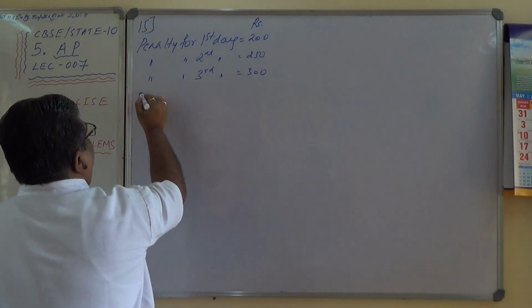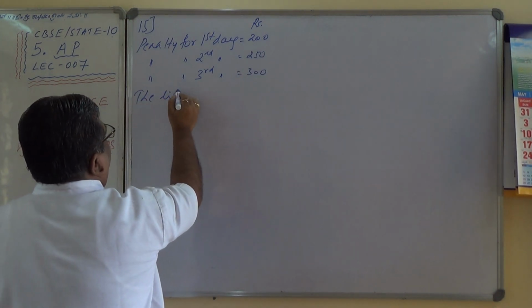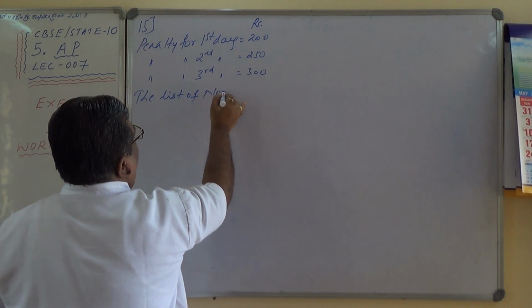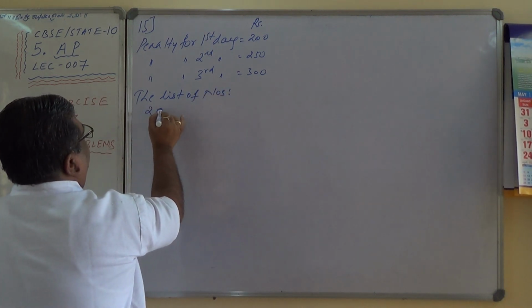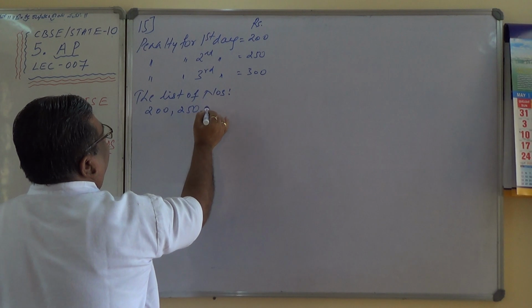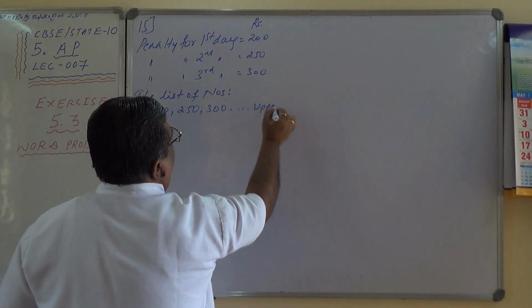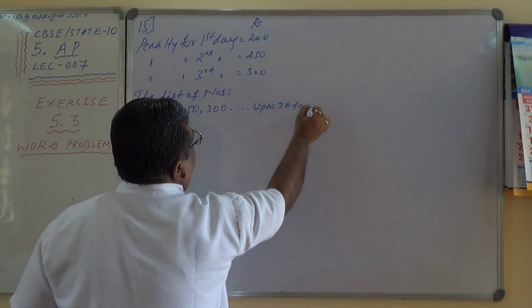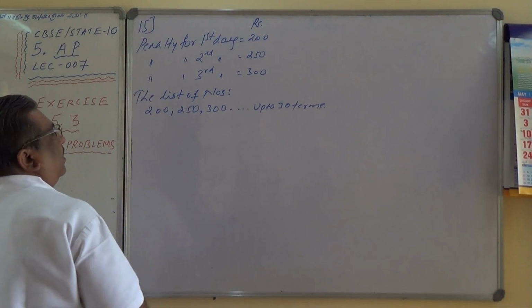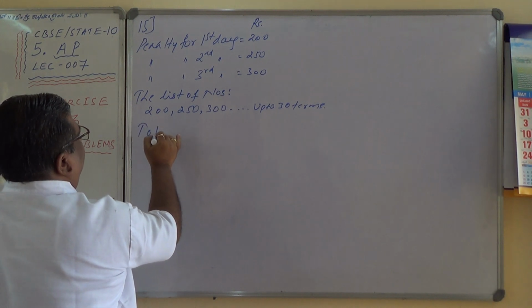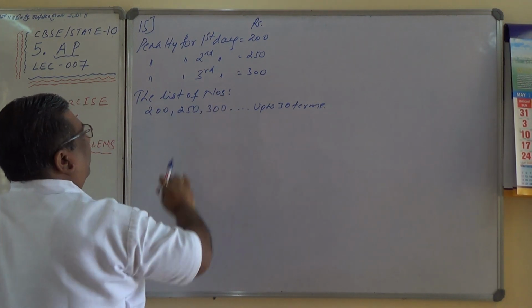So the list of numbers is given by 200, 250, 300. It continues up to 30 days, therefore 30 terms. Let us see whether it forms an AP.